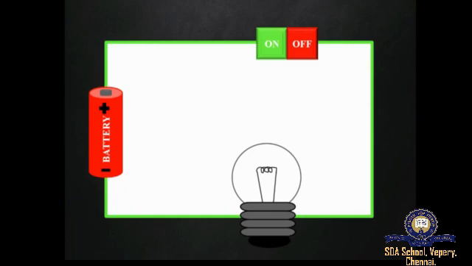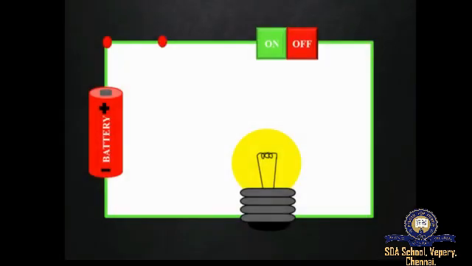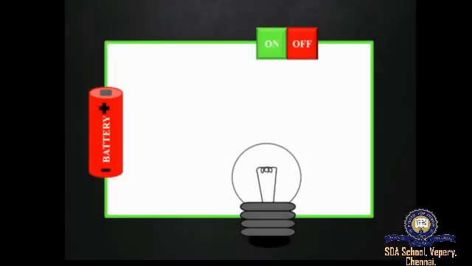If we want the lights to turn on, we switch on the switch, then the lights will turn on. See, I am going to switch on our light, it's blinking. If I switch off our light, the light will turn off.